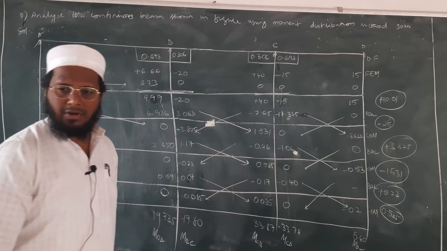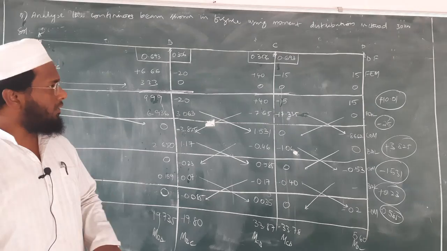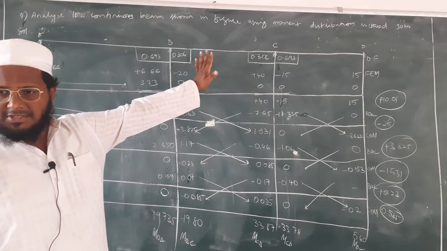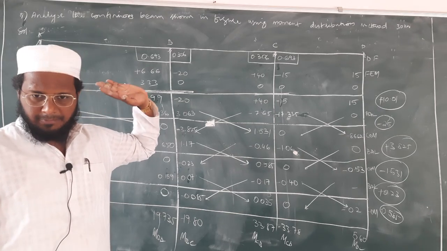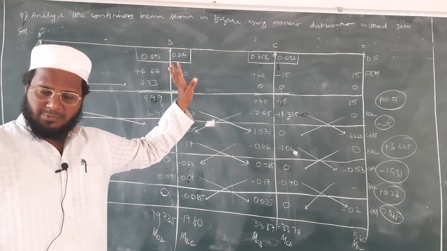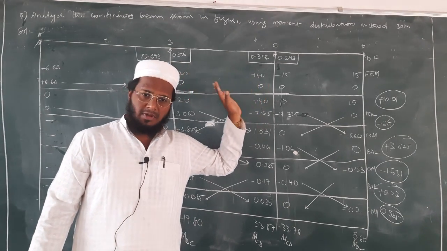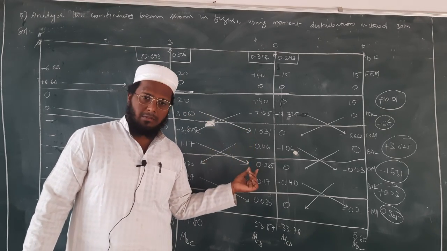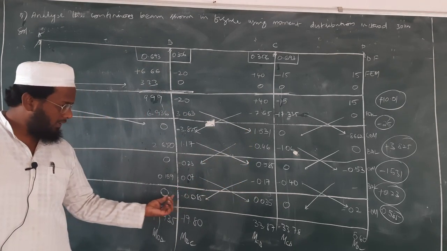Okay, able to understand? So this is how we calculate all the final moments using the moment distribution method. You can expect this problem for 10 marks in your final examinations. Okay, so how to make it 0? Like this.